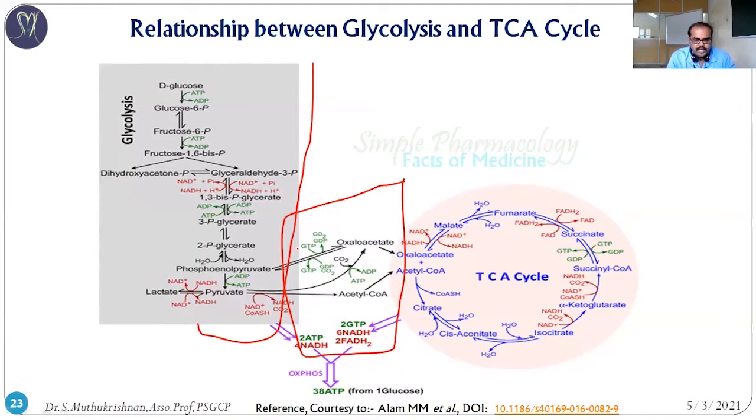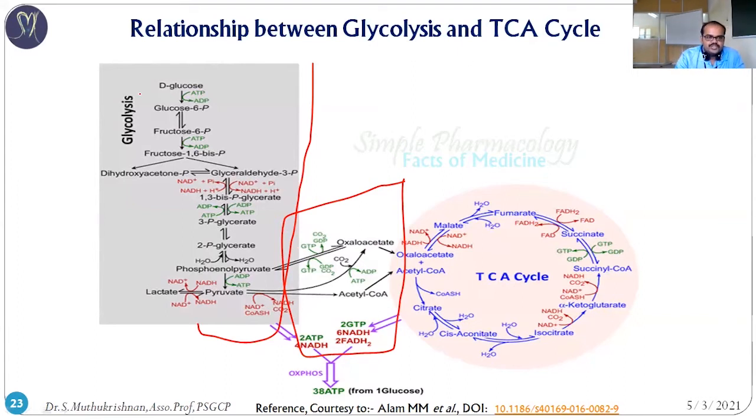From this pyruvate, it is converted into acetyl CoA. We know that acetyl CoA is one of the basic raw materials, an energy resource, and the best intermediate product for various pathways. Here also, acetyl CoA is an intermediate product to go to the next step, that means the citric acid step.